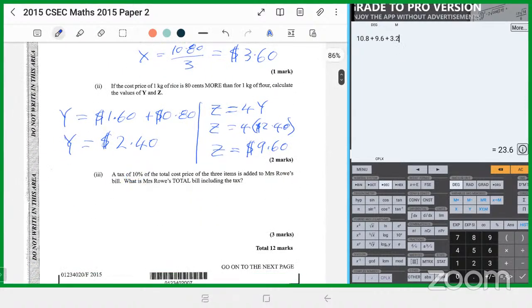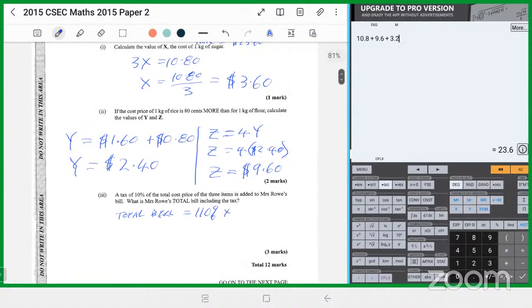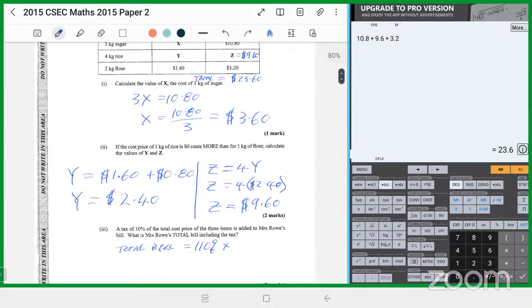So she pays total bill. All right, so total bill equals 110% of that total up here, 23.60. And I'm leaving this on the paper for the examiner to see where the 23.60 came from.